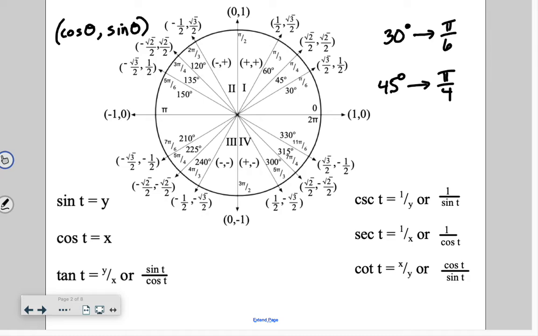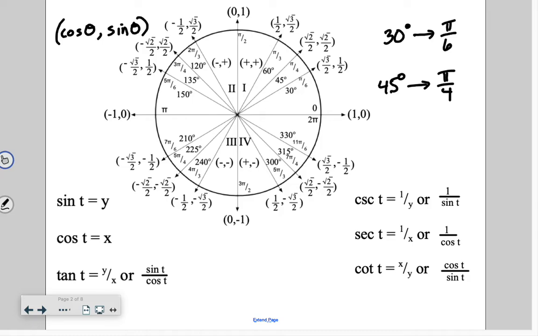So you're at 2 pi over 4, which is 1/2. 3 pi over 4. 4 pi over 4 is just pi. 5 pi over 4. 6 pi over 4. 7 pi over 4. Those are your two patterns in the unit circle. 30 degrees and 45 degrees. Those are the ones that you have to be able to be aware of.